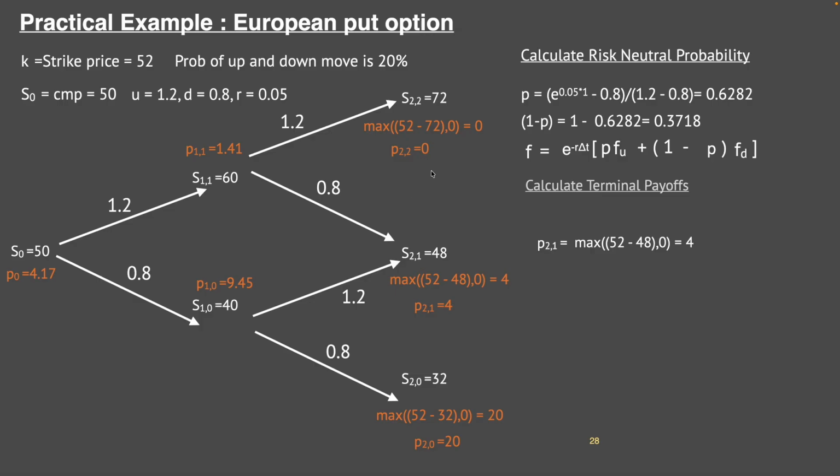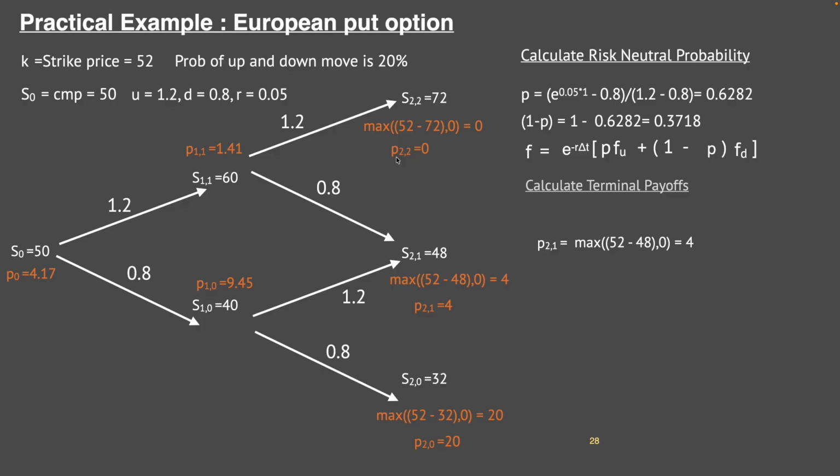Now if we come here, using the same formula, the terminal value of the option will be max of 52, that is the strike price, minus S21, which is 48, or 0, whichever is greater. Here 52 minus 48 is 4, so 4 will be greater. So the value of the option at this node, P21, will be equal to 4.